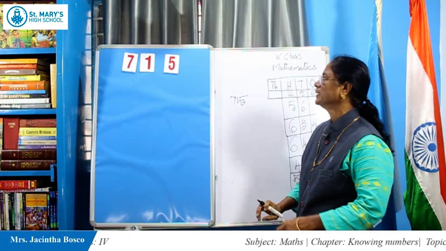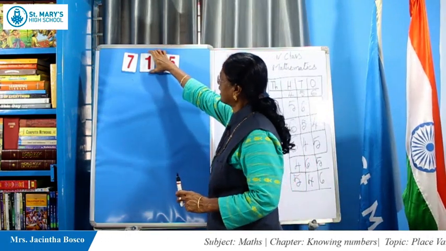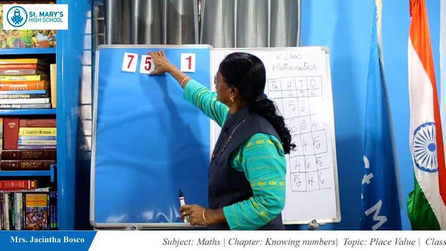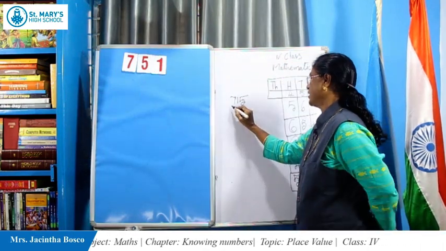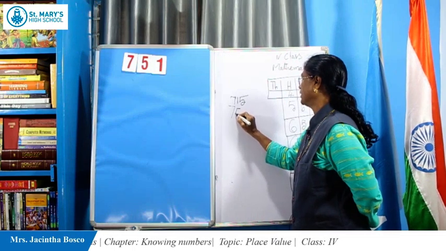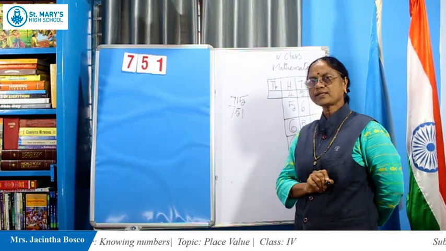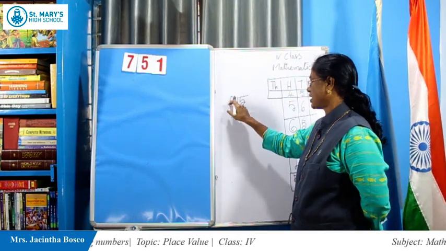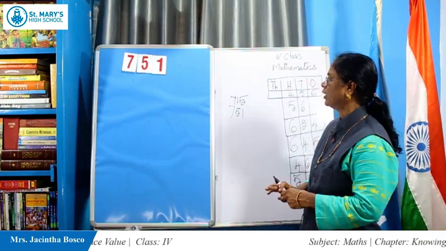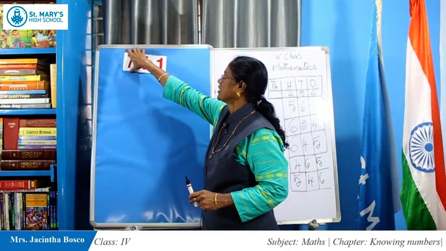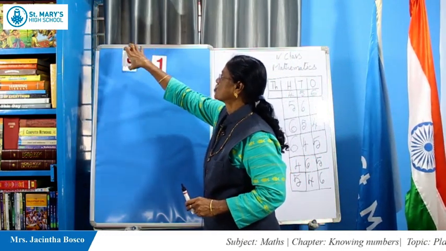7 is in the hundreds place, 1 is in the tens place, 5 is in the units place. Very good. Shall we change the 1 like this? If we put it, what did you get? 751. Yes, 715, 751. Now we are going to change 5's place.